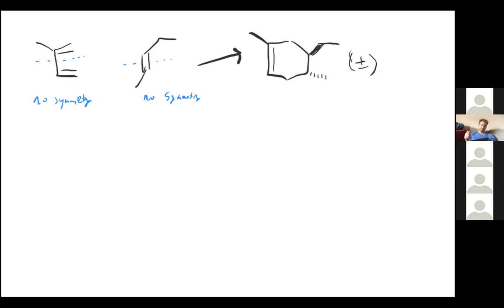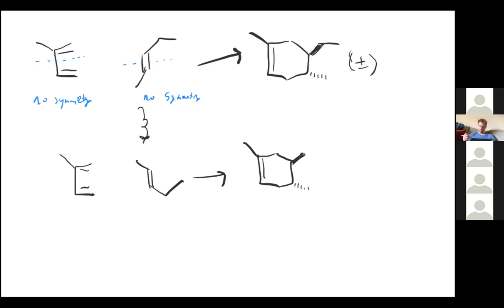Because they both don't have any symmetry to them, we have the ability to flip one of them over and get a different product. So now we'll have the methyl on the top and the ethyl on the bottom here.